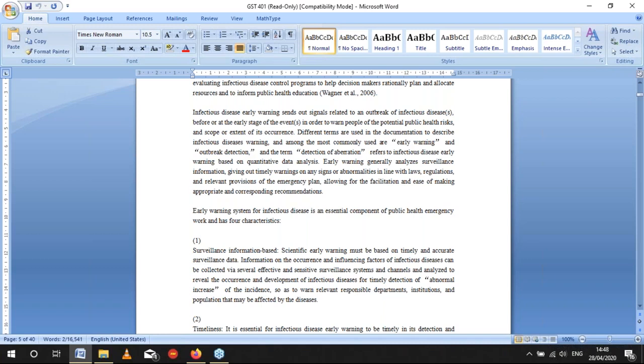Now, early warning system has 4 characteristics. Number 1, surveillance information. Number 2, it is timely.